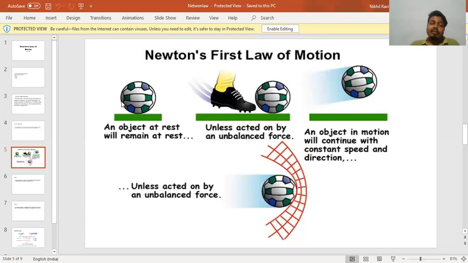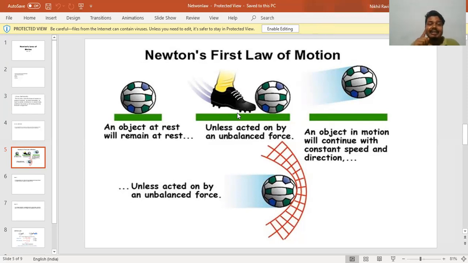Now the second picture says that a footballer or any person kicks that ball. With that kick, we can say there is a push, a kick on the football, so its state will be changed.